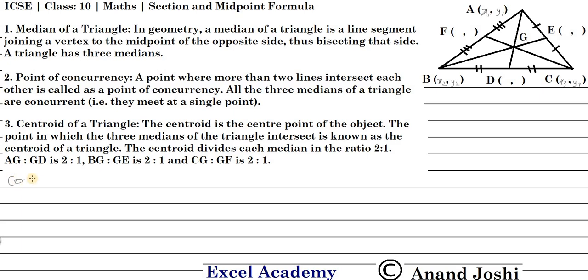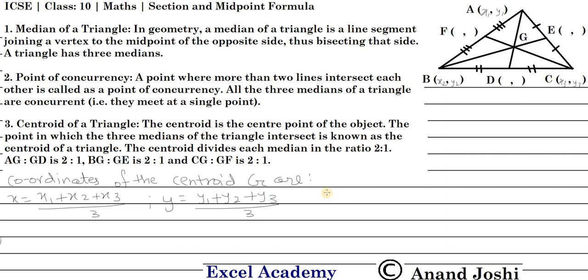Now the coordinates of the centroid G are given as x is (x1 + x2 + x3) upon 3, very easy, and y is (y1 + y2 + y3) upon 3, very easy, where (x1, y1) are coordinates of the vertex A, (x2, y2) are the coordinates of vertex B, and (x3, y3) are the coordinates of vertex C.